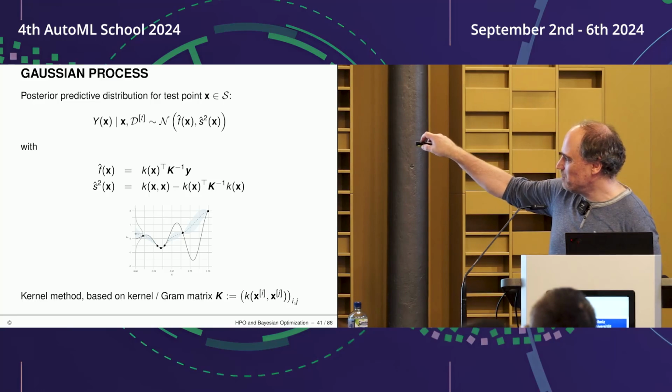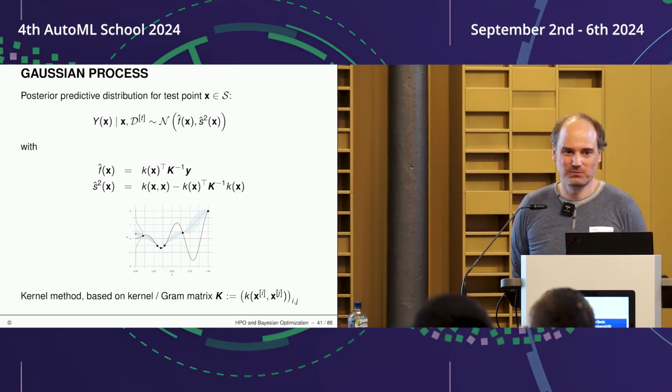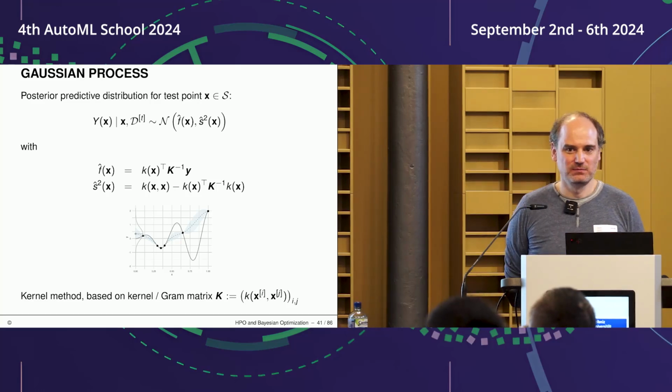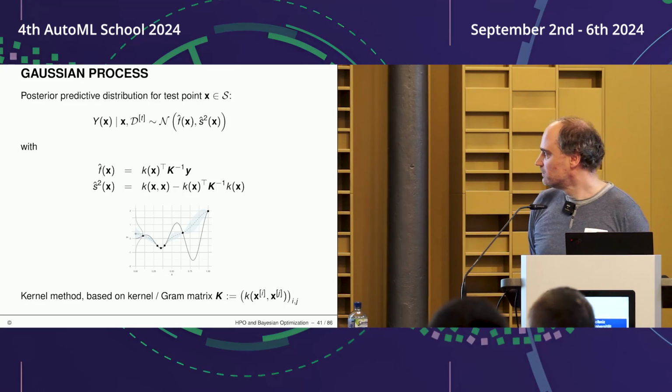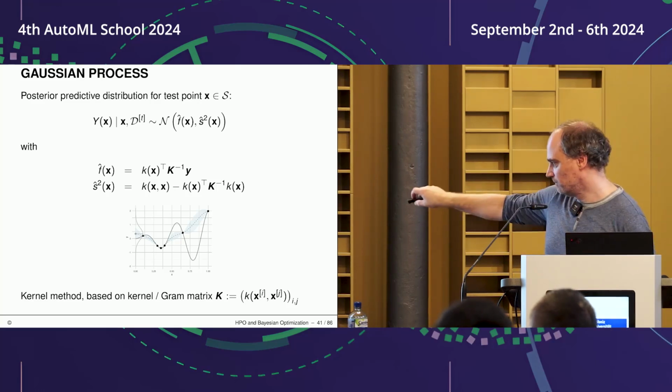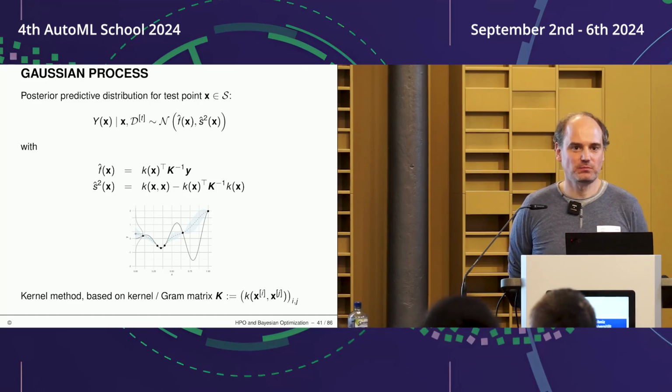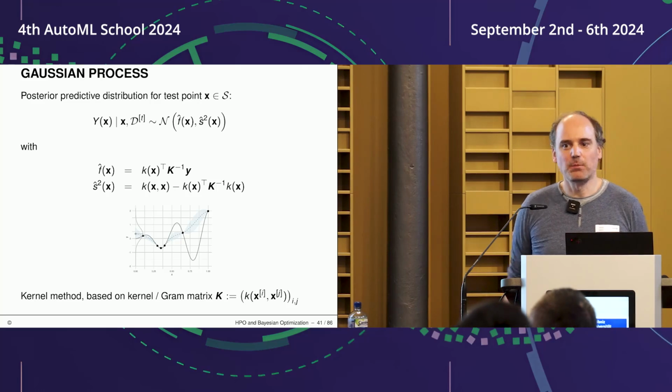Can somebody maybe explain a little bit these components here? So what is this k thing here, this lowercase k? How would we call that for a Gaussian process? Come on. I know some of you know this.